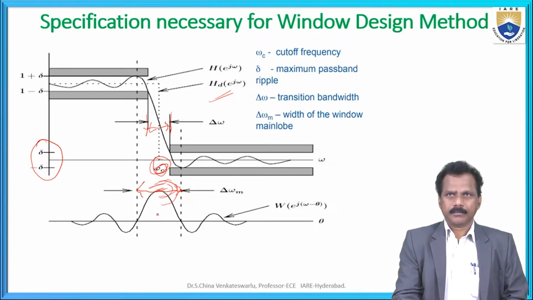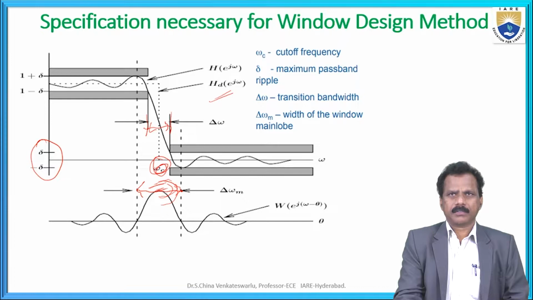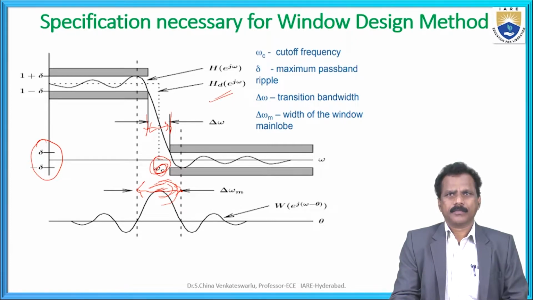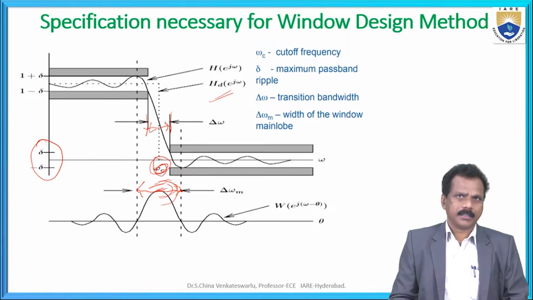Like this, using all these specified parameters or widths of each and every characteristic, this is the specification for the window design method. If you are using the Kaiser window or Hamming, Hanning, Blackman and so on, we should follow all this specification for window design methodologies.